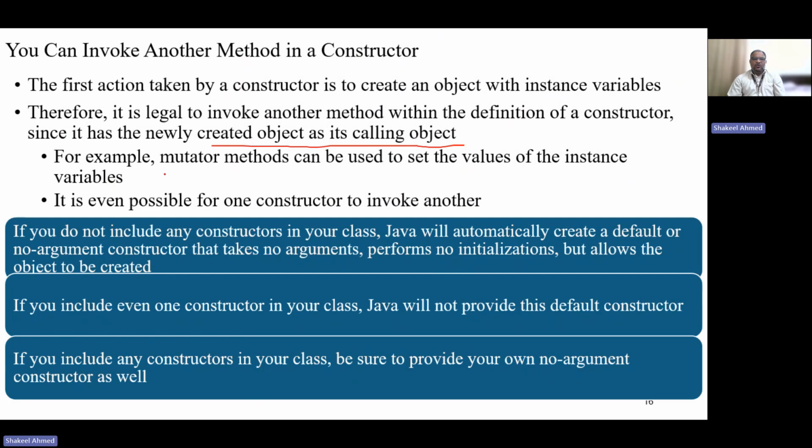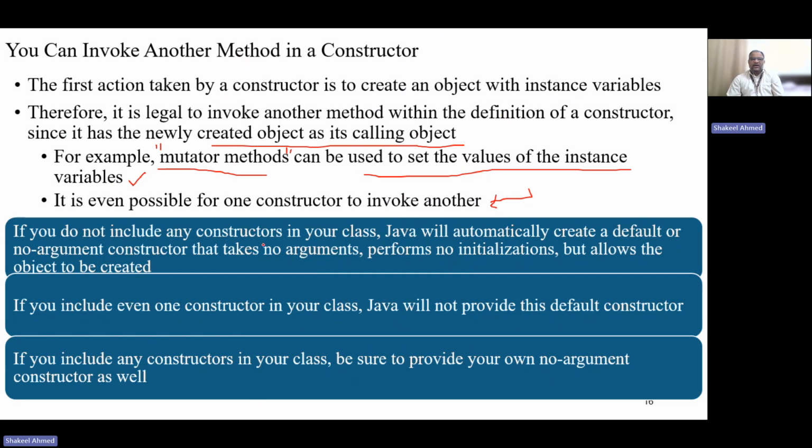For example, if you don't want to do it that way, mutator methods can be used to set values of the instance variables. It is even possible for one constructor to invoke another. So in a constructor, you can call another constructor. Let's see that in our lectures coming ahead.